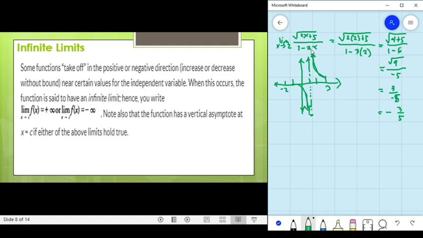For example, let us evaluate the function as x approaches 1 from the left.